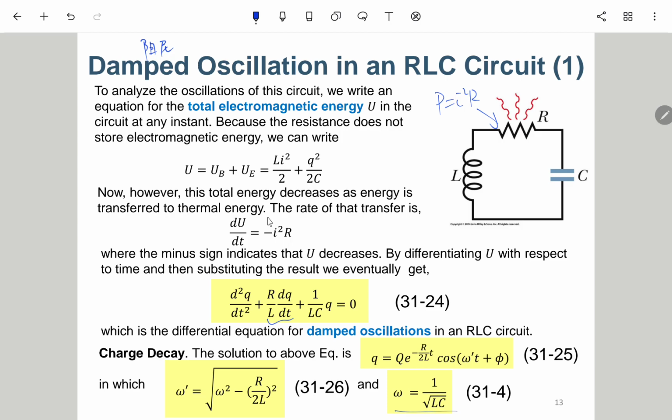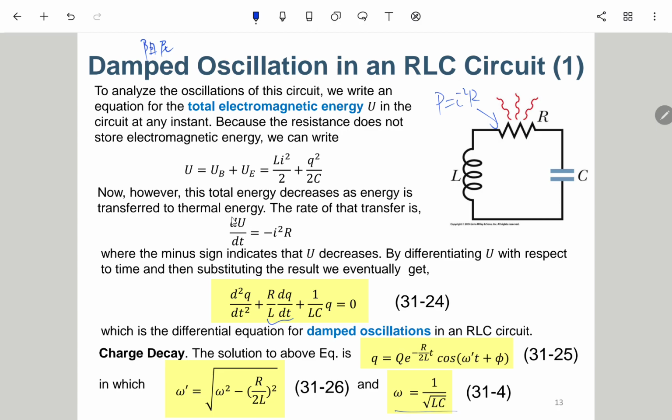For the pure LC oscillator, we don't have a resistor, so no device consumes energy. But here we have LC in series with R, so we have dU/dt equals negative I square R.